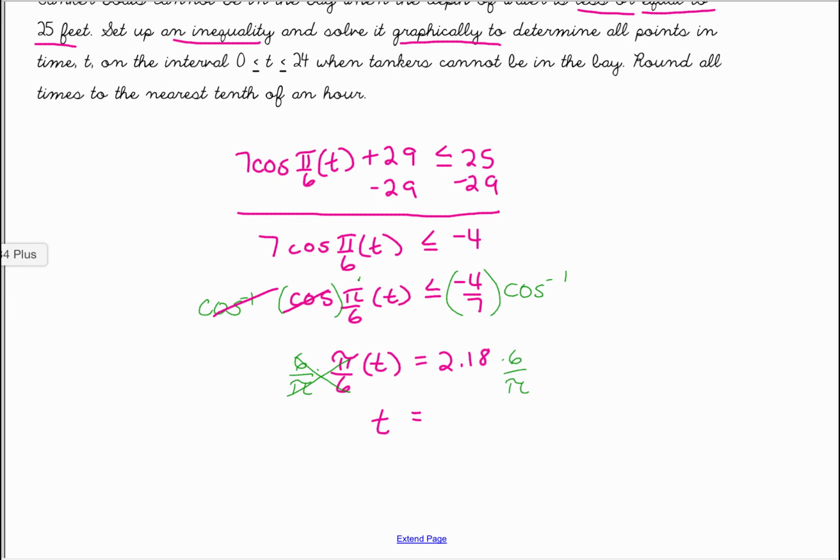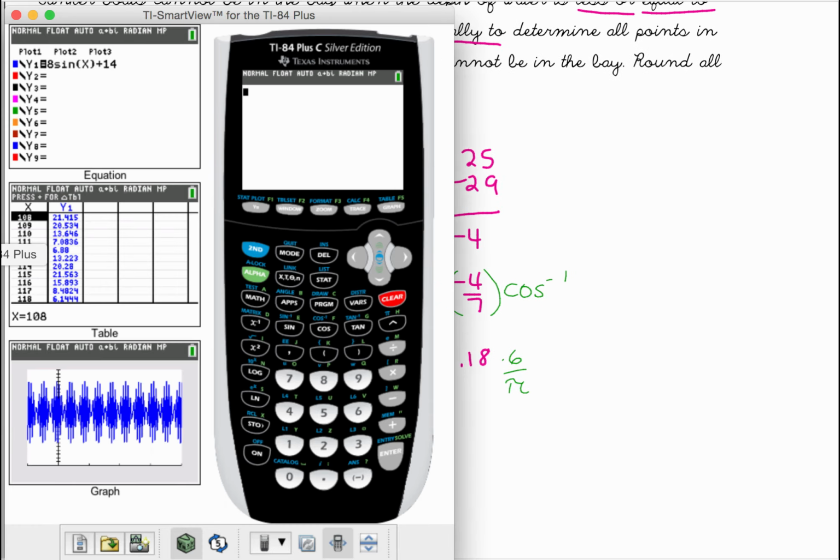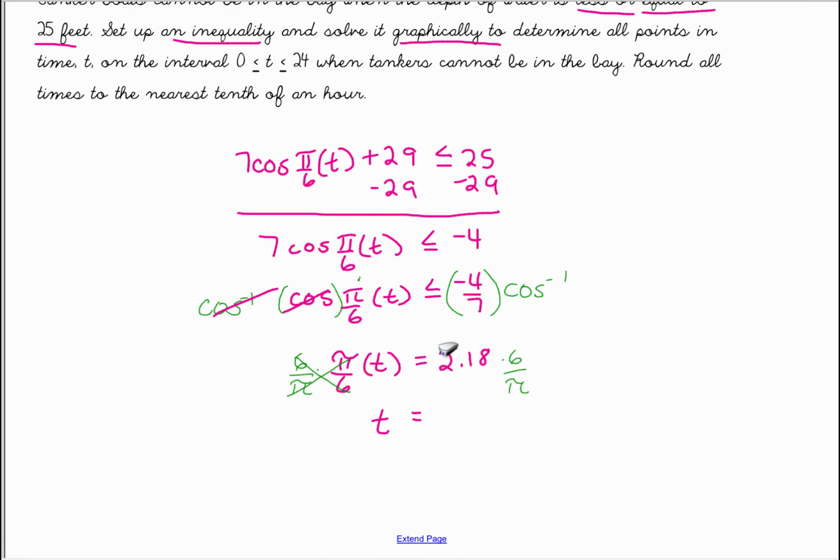Okay, when I go back to the calculator, I have 2.18 times 6 divided by pi, and I get 4.16. So t equals 4.16. All right, to the nearest tenth of an hour, t equals 4.2.